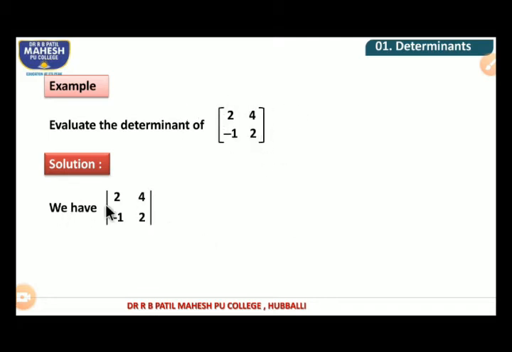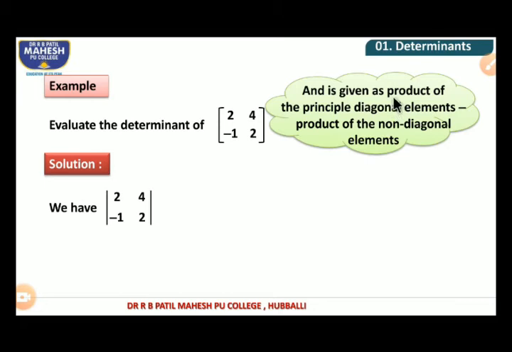Whenever you evaluate the determinant, first take it as a determinant, meaning the elements written within two vertical lines. As already given, it is the product of principal diagonal elements minus the product of non-diagonal elements.